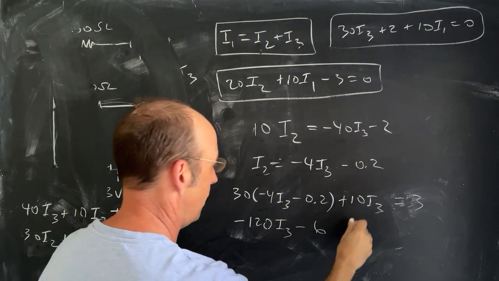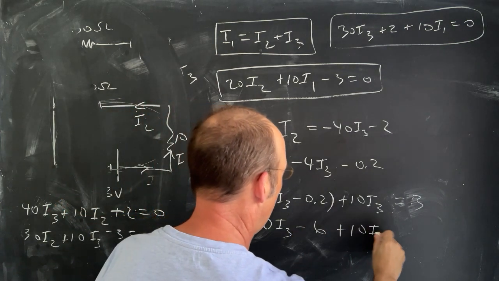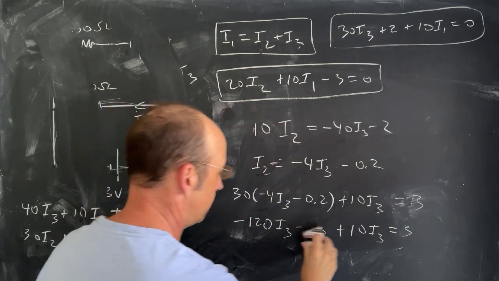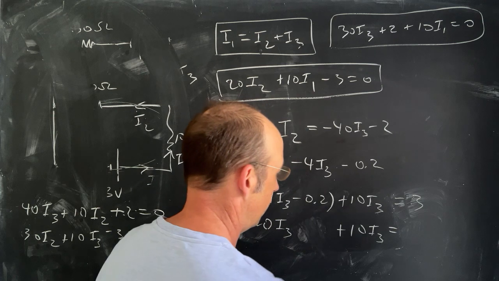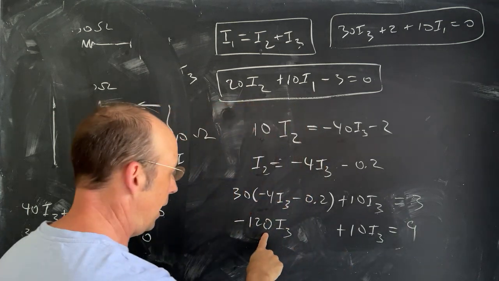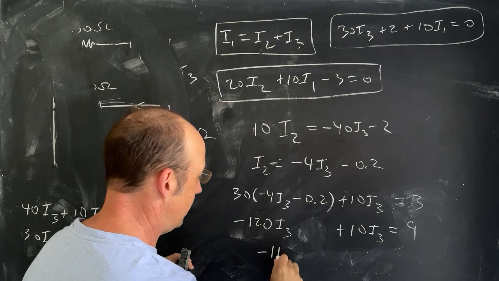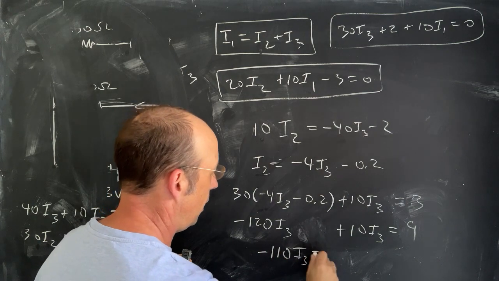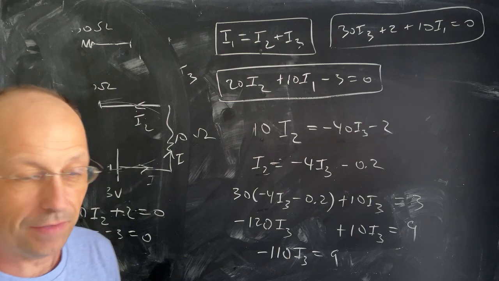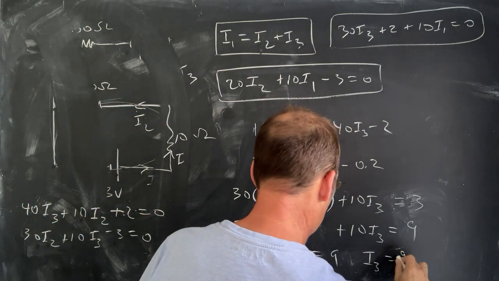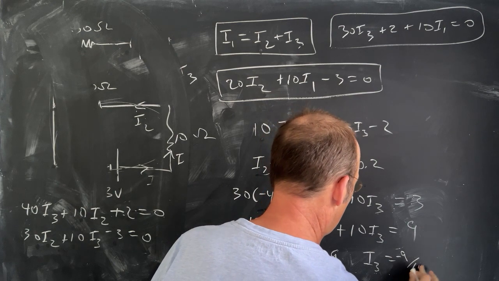Negative 6 plus 10 I3 equals 3. Now I'm going to add 6 to both sides. Now I have negative 120 I3 and 10 I3. So this is negative 110 I3 equals 9. You notice I haven't even had to use the calculator yet. I3 is going to be negative 9 over 110.